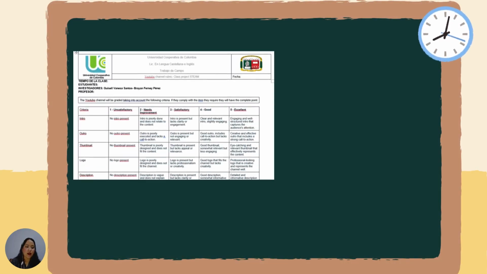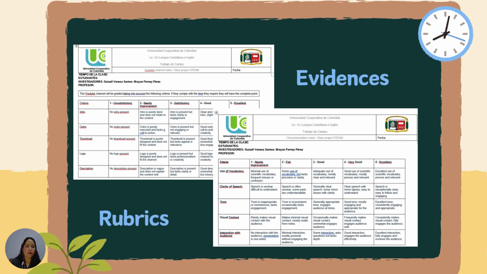And then we have the rubrics. We have the oral rubric that is for the speaking part, and we have the rubric for the YouTube channel.